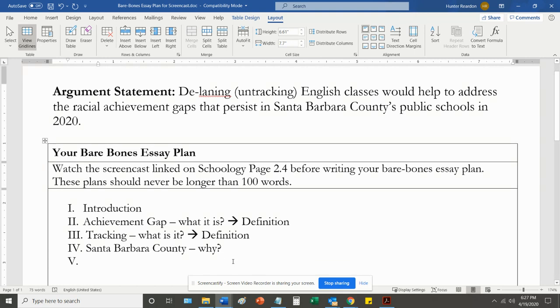I might say, okay, right, one evidence-based way untracking can lead to higher performance.